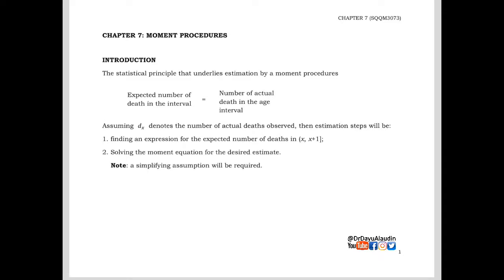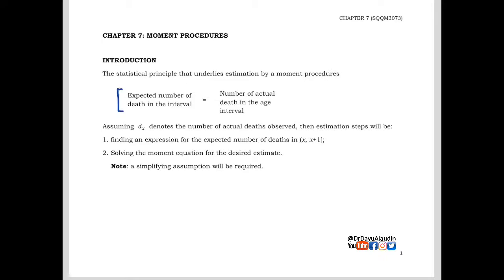When we talk about the expected number of deaths in the interval, the notation would be E, the expected value for estimation, E dx. dx is the number of deaths in the interval. Another one is the number of actual deaths in the age interval.